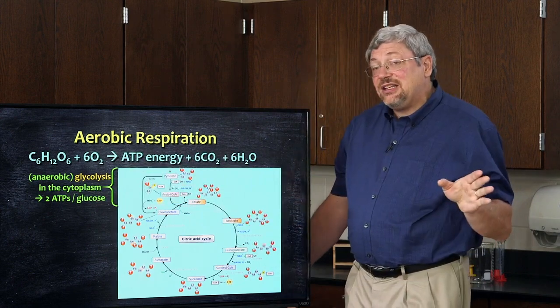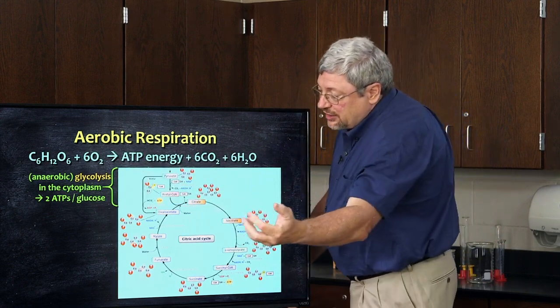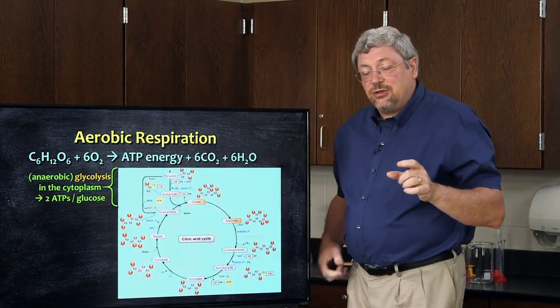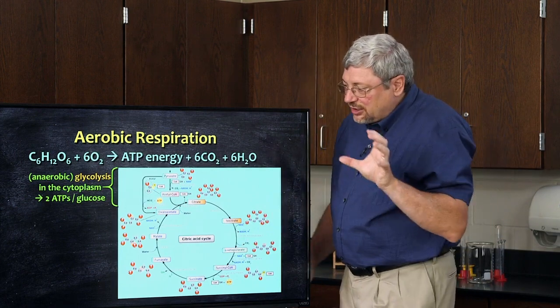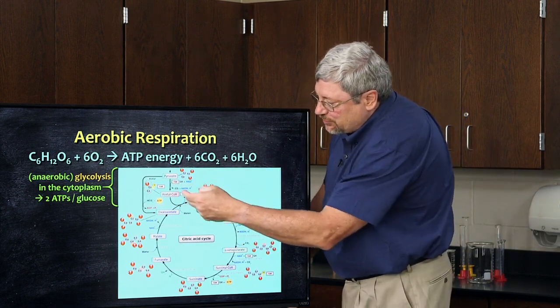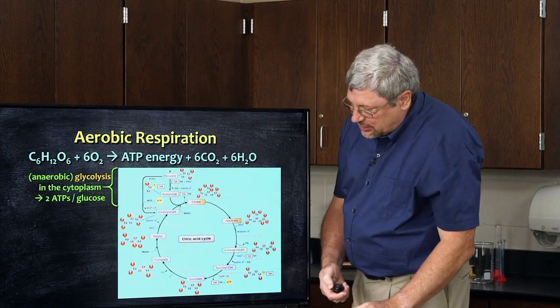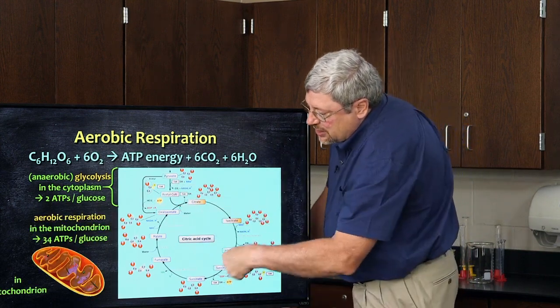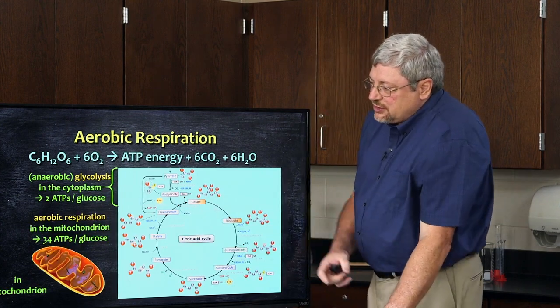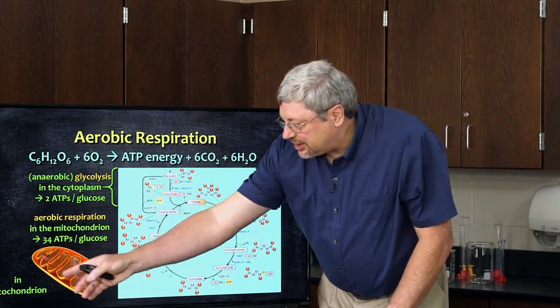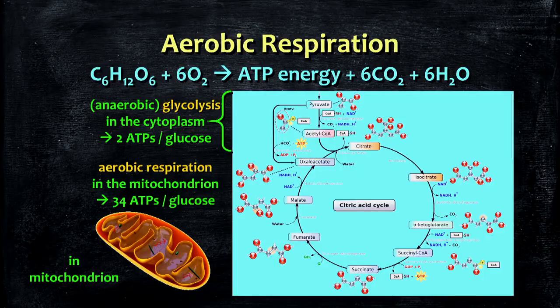To get the rest of the energy, the pyruvate molecule, which is the 3-carbon molecule that results from breaking your glucose, is brought into the mitochondrion for the citric acid cycle. So in the organelle called the mitochondrion, this is where aerobic respiration actually occurs.